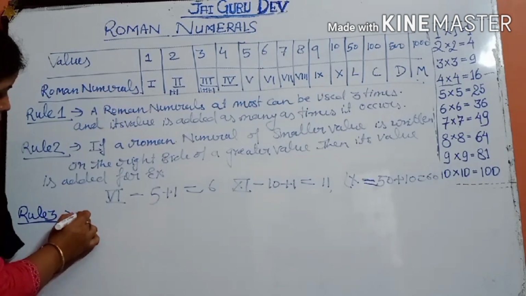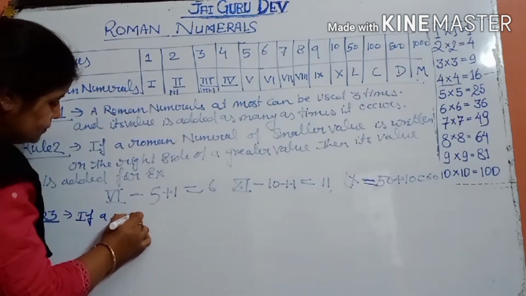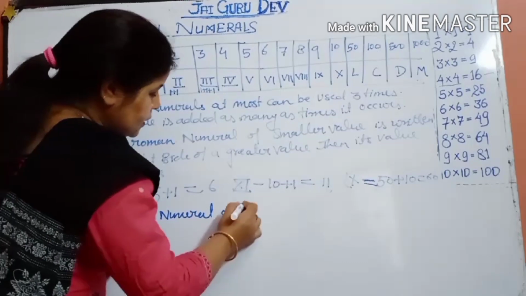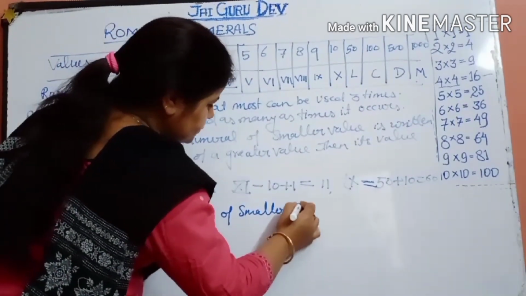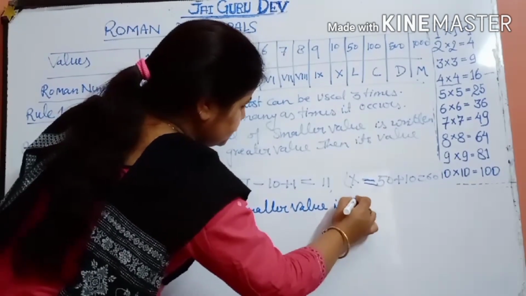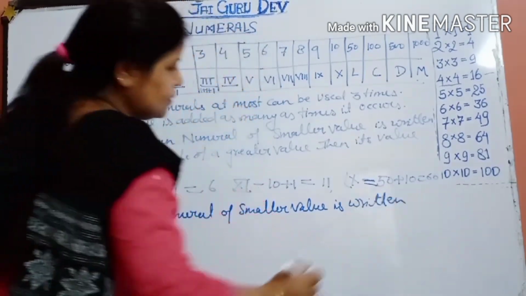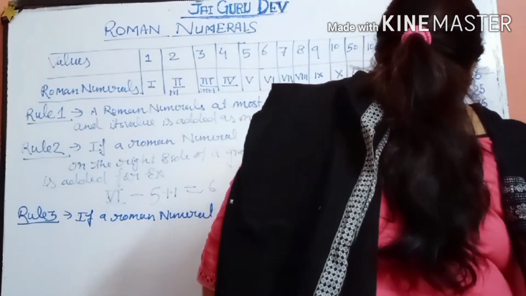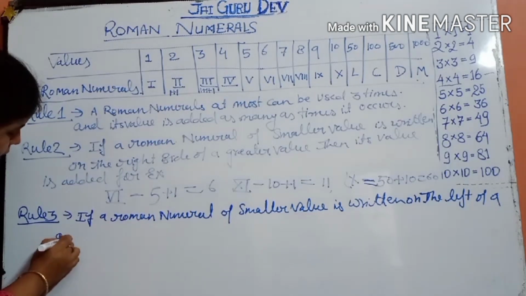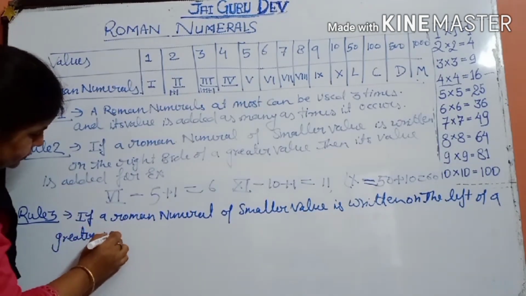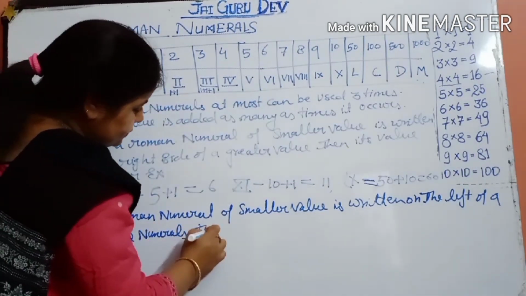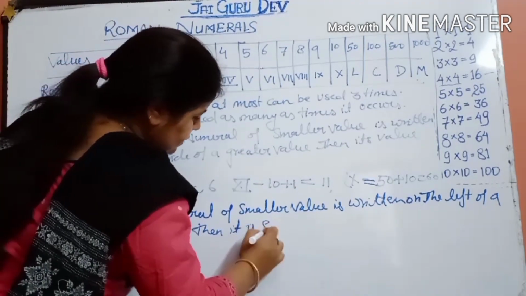Similarly, if a Roman numeral of smaller value is written on the left of a greater value numeral, then it is subtracted.